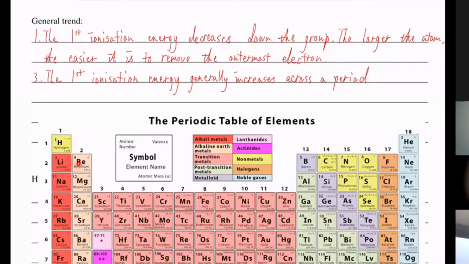What's the difference between these two, lithium and beryllium? Anyone? Between what and what again? Between lithium and beryllium.